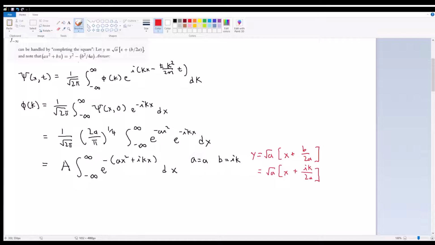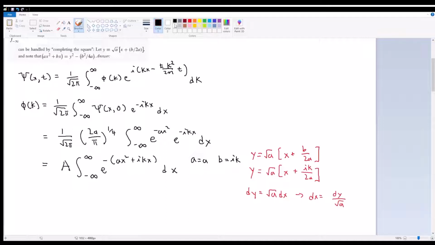Now we note that ax squared plus bx is equal to y squared minus b squared over 4a. So this is suggesting that we use u-substitution and change to y. So let's also define dy. The only x term is at the front here, so this term just goes to 0. What we have left is just the square root of a dx. Therefore dx is equal to dy over the square root of a.